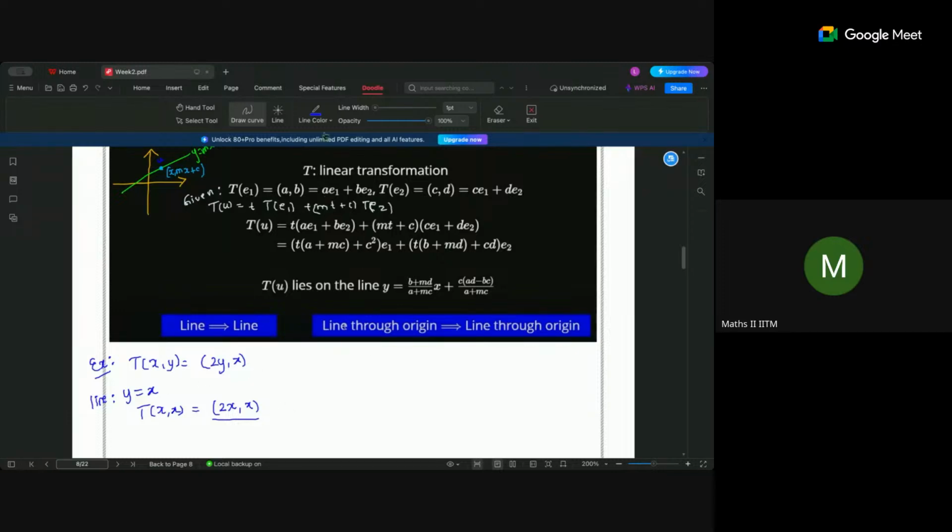So y is equal to x means you are having this, and this is your y is equal to x, right? Now what is this line? 2x comma x, what is the equation of this line? Can anyone tell?